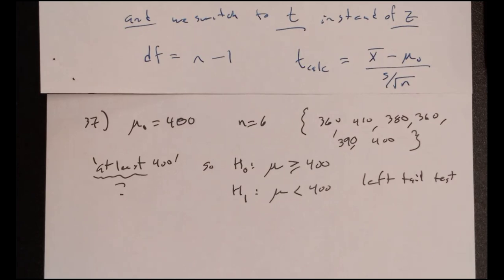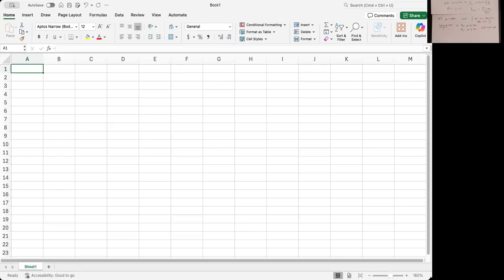Might as well do it the easy way. Here we go. We'll put in our six pieces of data: 360, 410, 380, 360, 390, 400.